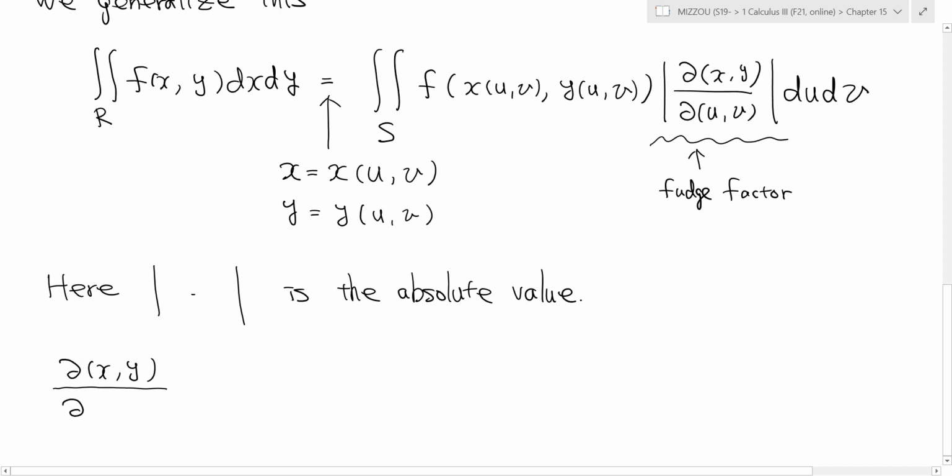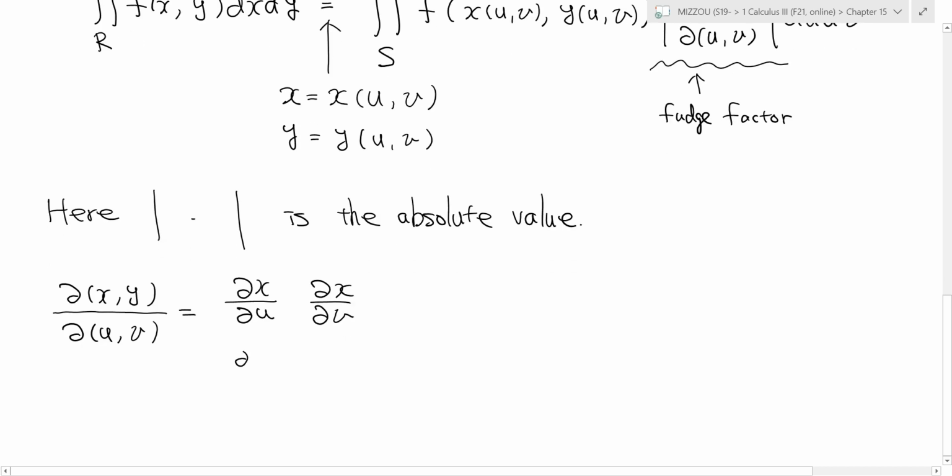This whole symbol is partial x, partial u, partial x, partial v, and then partial y, partial u, and partial y, partial v.